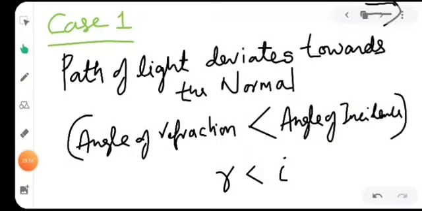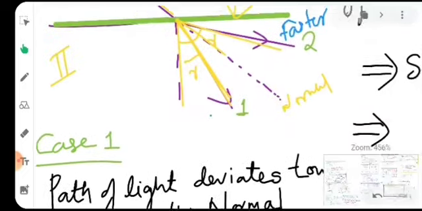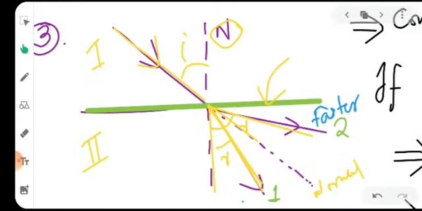So case 1 states that the path of light deviates towards the normal. That is the first case that we are going to look at. In that case, the angle of refraction should be less than the angle of incidence. Let me go back to the previous figure.